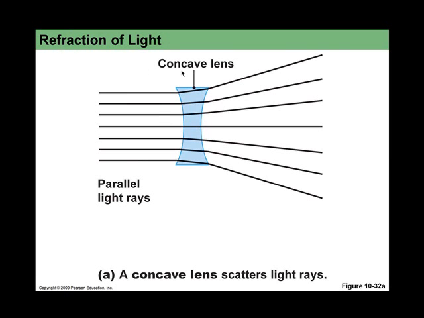So the refraction of light, we understand this and remember some of this from physics. So in a biconcave lens, you're going to get diffusion or divergence of the light rays, or scattering of the light rays, on the output side of the lens.